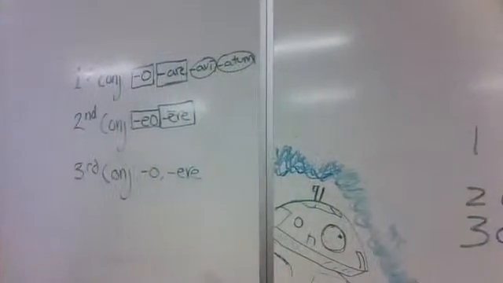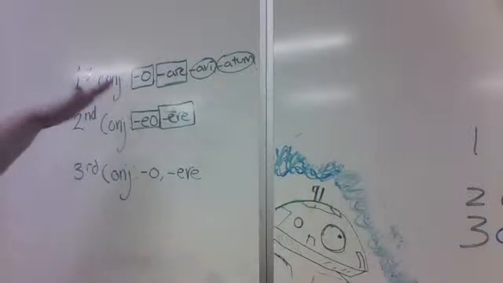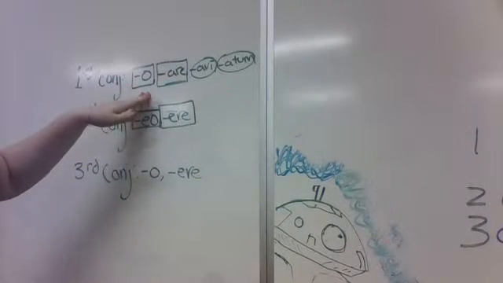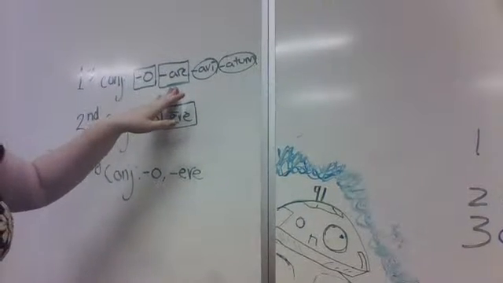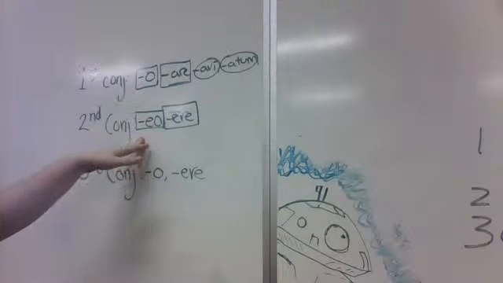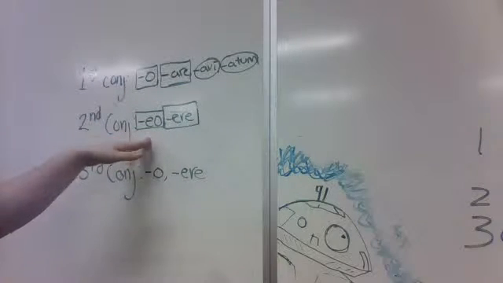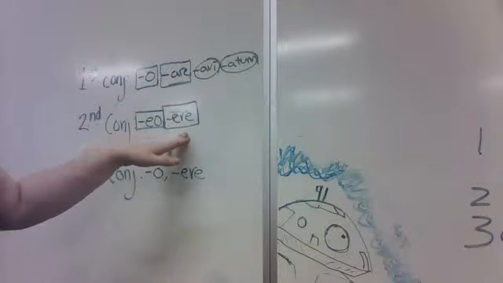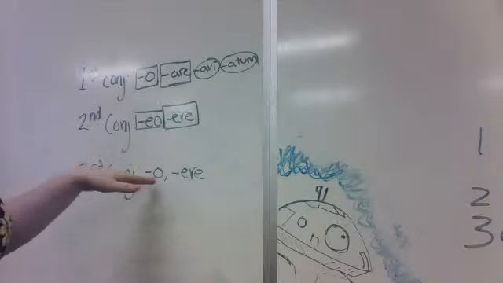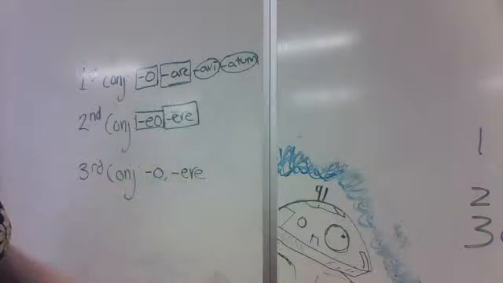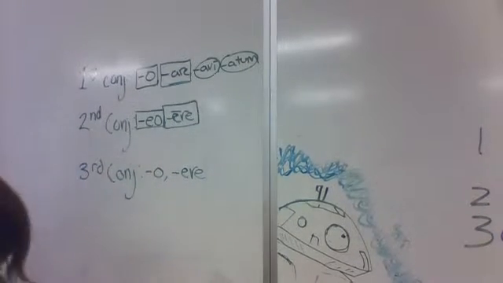And so remember, first conjugation starts with an O and then goes to ARE in the second part. Second conjugation, EO, then ERE. Third conjugation is O, ERE. And that is third conjugation in Latin.